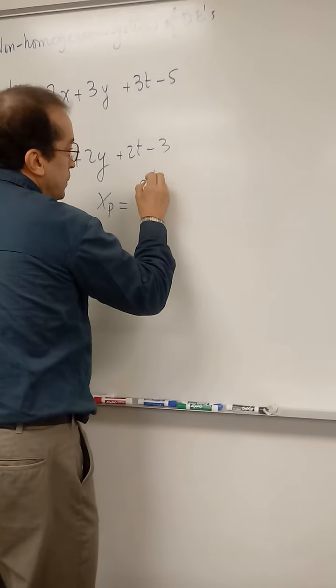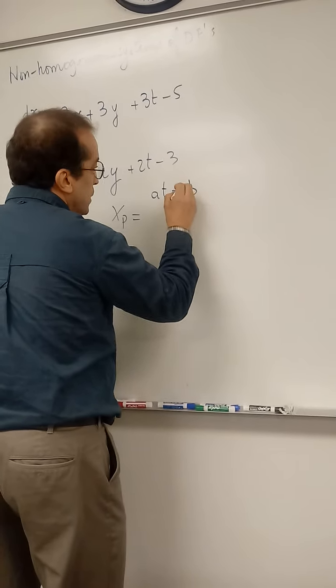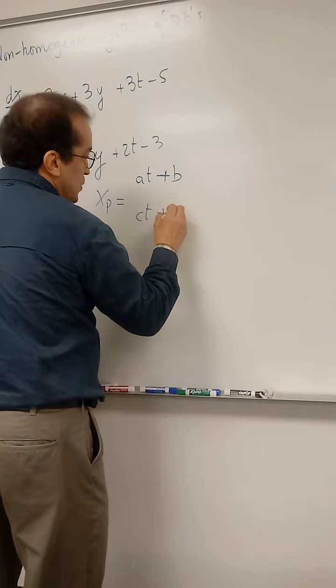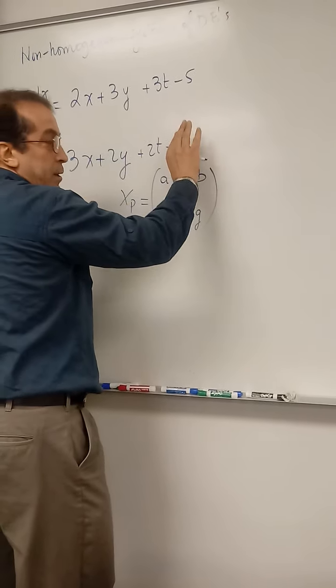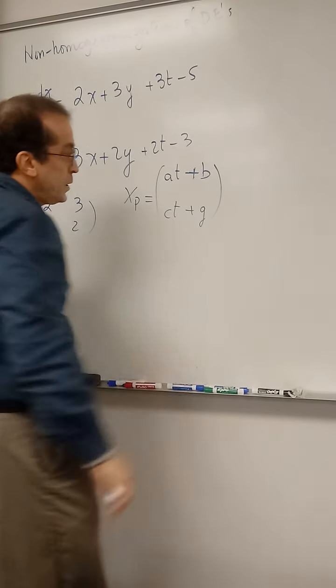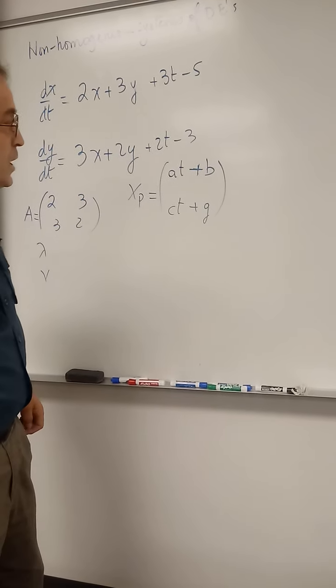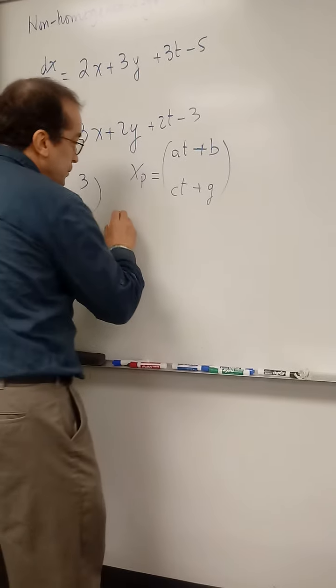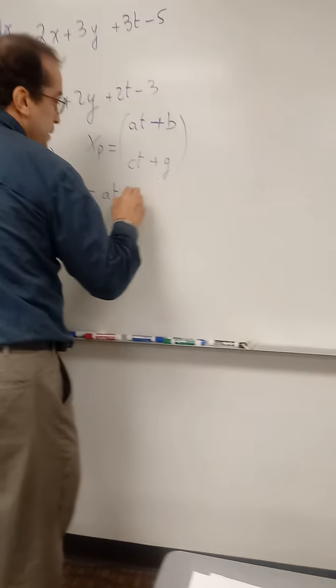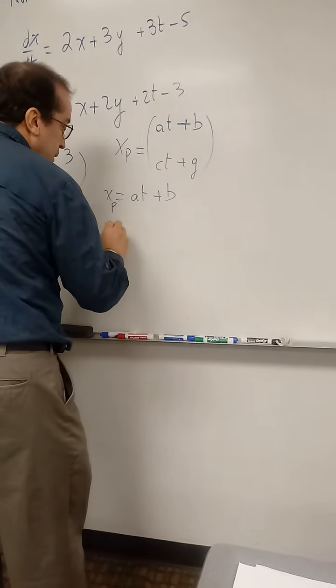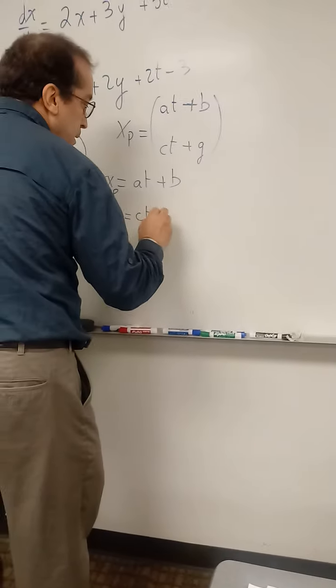So it will be at plus b, ct plus g. Both of them are the same. Even if we didn't have anything in the second equation, our particular integral would still be like this. So small x is at plus b. Small y is ct plus g.